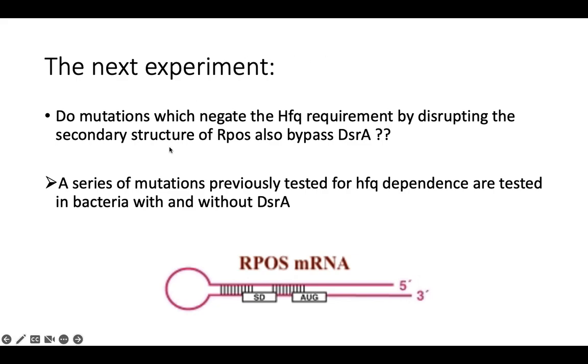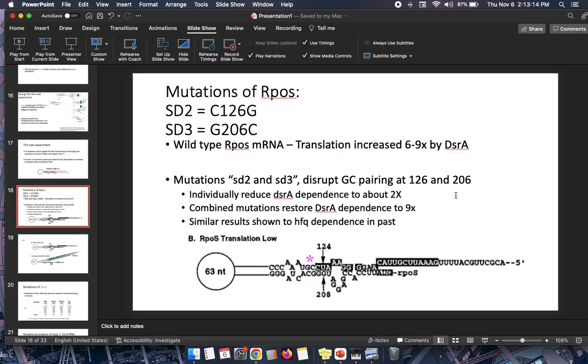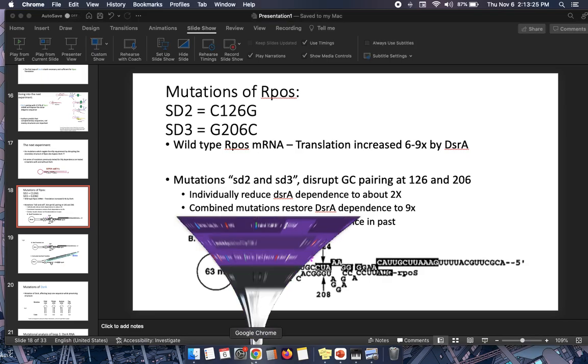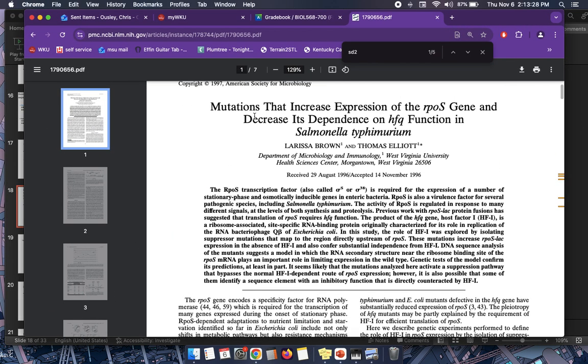So the way we answer that question, the authors took some mutations that had been previously tested, and they just tested that in bacteria with and without DsrA. Here, the authors don't provide very clear data for this section, and two of the mutations that they referenced, I actually had to track down in a different paper that you can see over here.